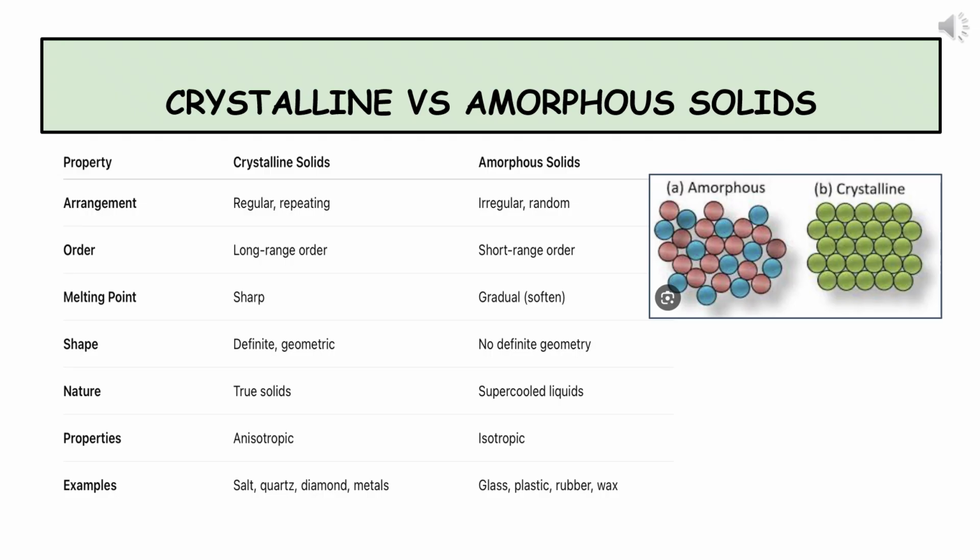They do not have a definite geometry as crystalline solids do. They are supercooled liquids. Their properties are isotropic. Examples of amorphous solids are glasses, plastics, rubber, and wax. This was the clear differentiation between crystalline and amorphous solids.